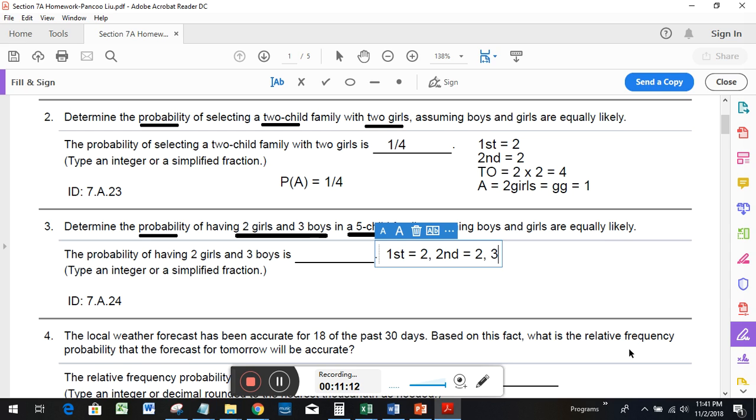Third child, you also have 2 choices. Fourth child, 2 choices. And fifth child, 2 choices. So then we're going to take these choices and multiply them together. So 2 times 2 times 2 times 2 times 2, or 2 to the 5th power. That will give us our total outcome.